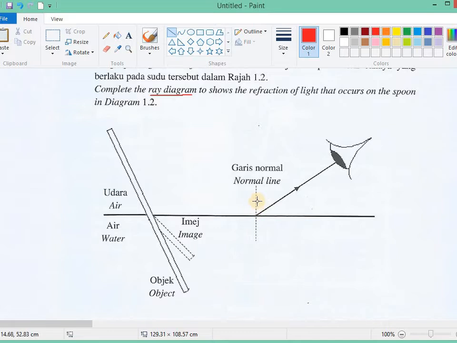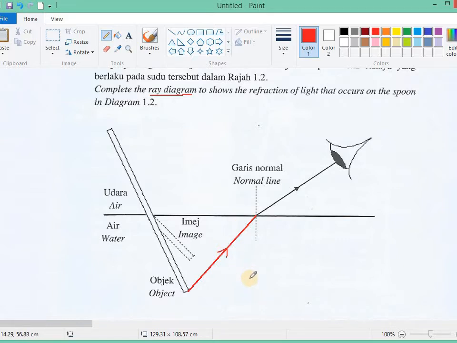Since they already drew the direction of the light outside of the water, inside the air, that means the light goes from the object to this point. Make sure you draw the arrow to show the direction of the light. This is very important.